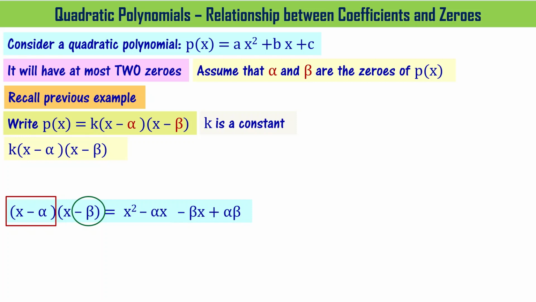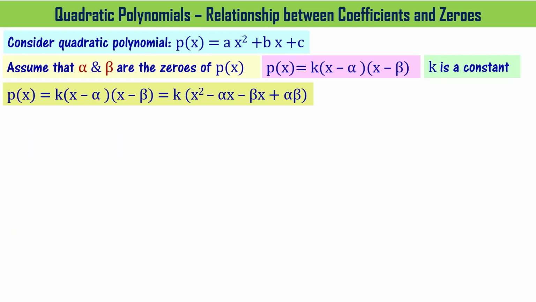Let's take this back into the previous expression so that k times x minus alpha times x minus beta can be written as k times x square minus alpha x minus beta x plus alpha beta. Let's take a note of this and rearrange this so that p of x can be written as kx square minus k times alpha plus beta times x plus k alpha beta, right?